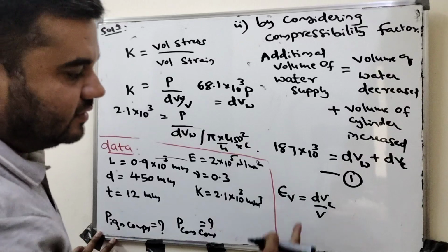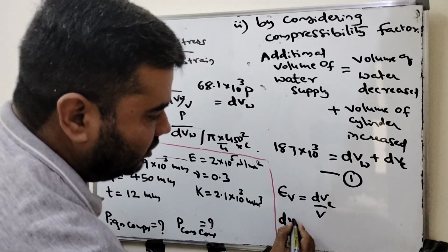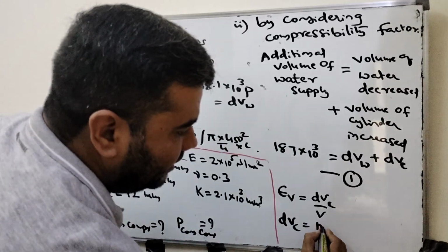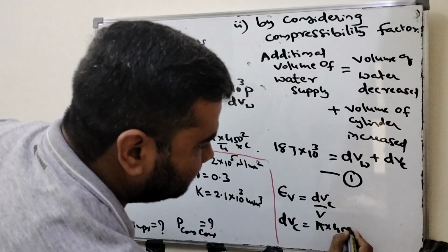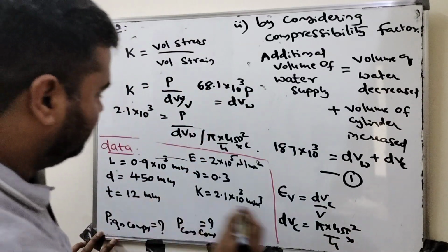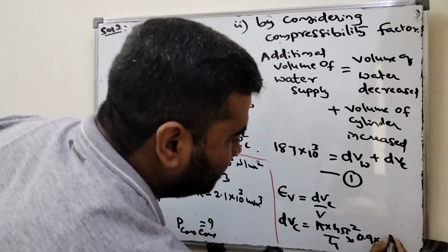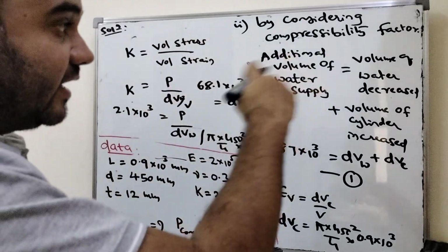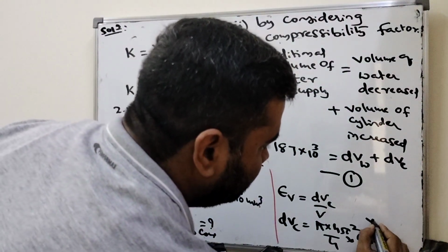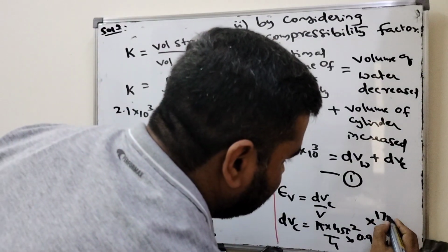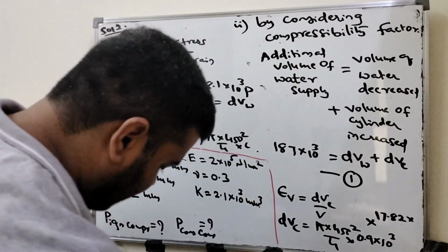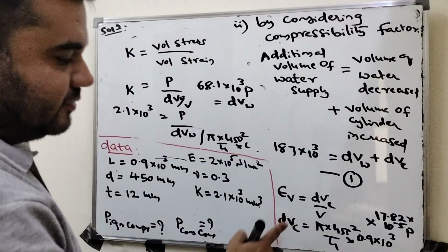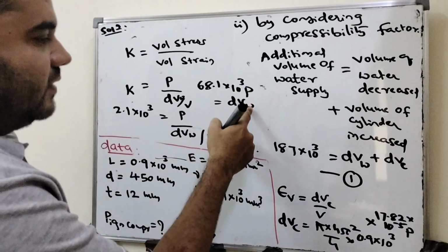Now substitute the change in volume because of the cylinder, equal to the strain multiplied by the original volume: pi d square by 4, 450 square by 4, into length 0.9 into 10 raised to 3, times the volumetric strain we calculated earlier, 17.82 into 10 raised to minus 5 P. We already calculated this one here.